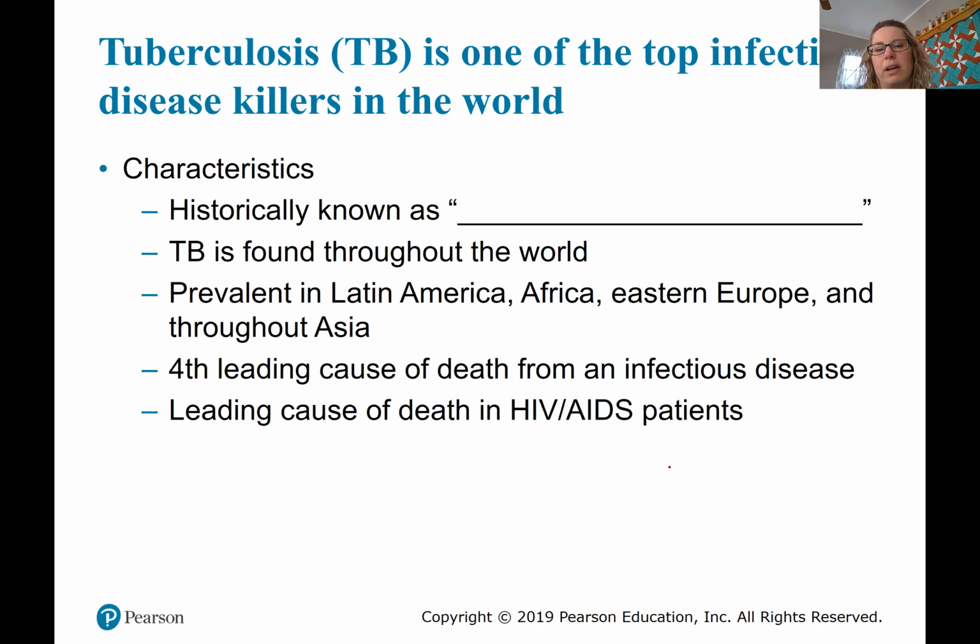Okay, so people with active tuberculosis can transfer the bacteria onto others. We'll talk about active versus inactive here in just a moment, but worldwide, tuberculosis is the 4th leading cause of death in terms of infectious diseases. Historically, if you watch old Western shows or historical shows, you may have heard the word consumption.